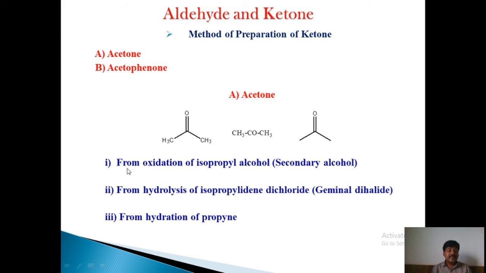There are three different methods for the preparation of acetone. Number one, from oxidation of isopropyl alcohol, that is a secondary alcohol. Second, from hydrolysis of isopropylidene dichloride, that is a geminal dihalide. Third, from hydration of propyne. We see them one by one.